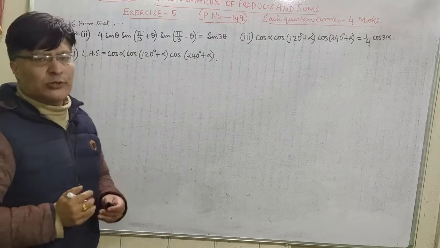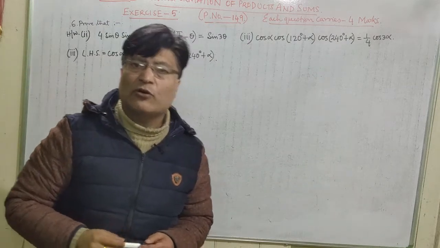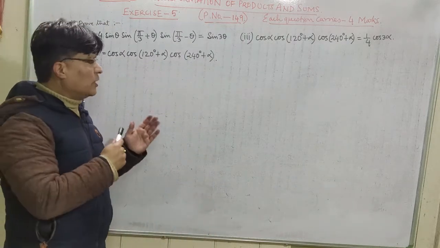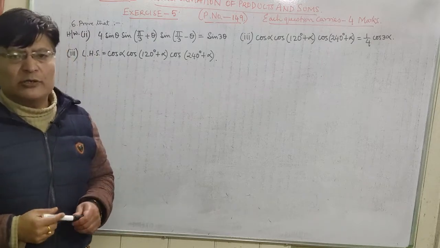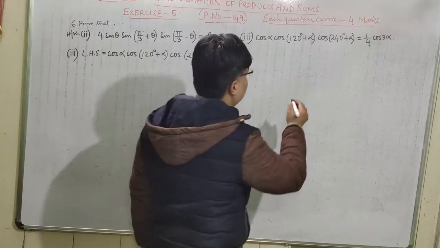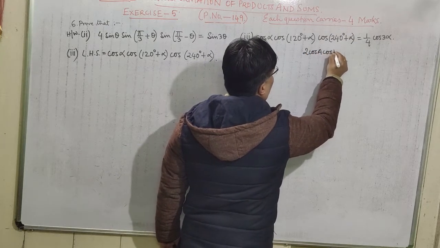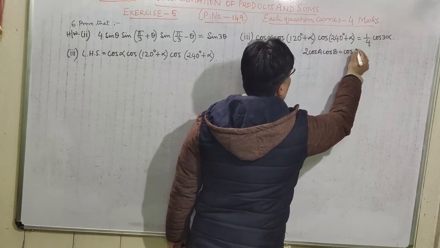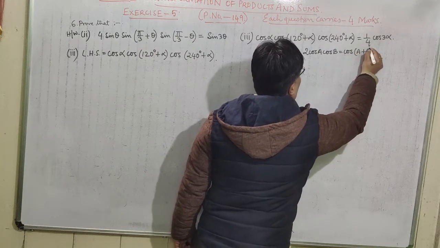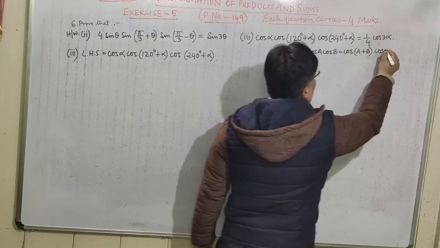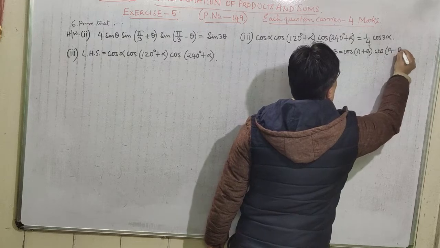So now in this case also this is the product of 3 cos. So here also we can use the same formula, 2 cos A cos B, which is equal to cos of A plus B into cos of A minus B, right?